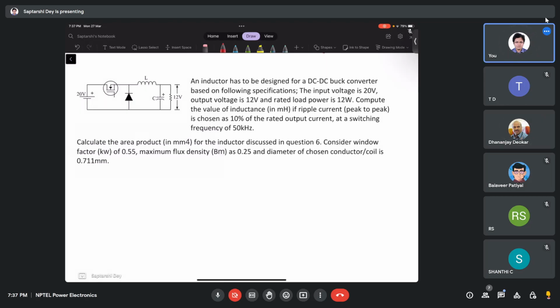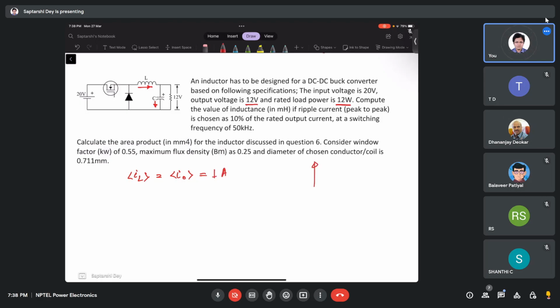We had this discussion some time back that since the average current in a capacitor is 0 for a buck converter, the average inductor current is the average output current, which in this case is 12 volt, 12 watts, so 1 ampere.